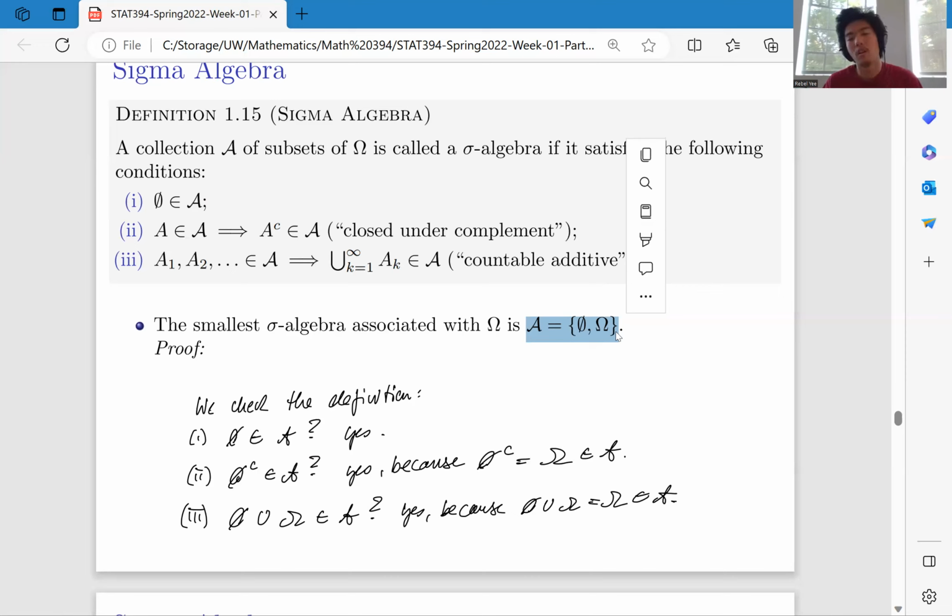sigma algebra. But someone may want to ask, if there is a smaller sigma algebra possible, that's a good question. And if you really want to find that out, it's a good research direction, I would say. But how to prove if there is a smaller sigma algebra?